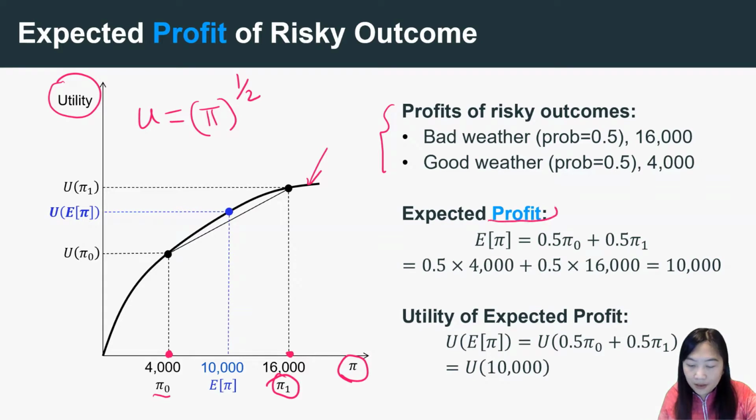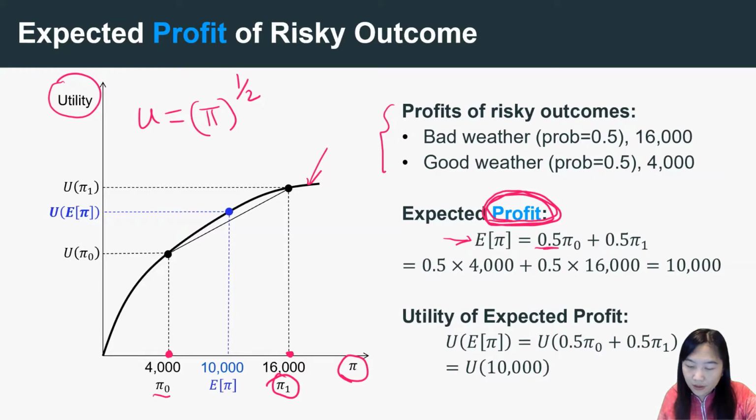Pay attention here to the expected profit, or you can say the mean profit. And I hope for now you are comfortable with calculating the mean or the expected value.